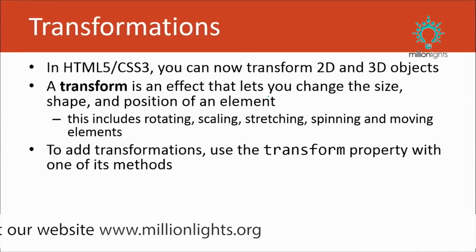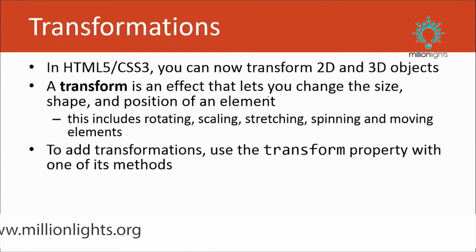So like any kind of animation or something along those lines that changes an object from its original shape or form. All right, without further ado, a transform, we'll start there, the basic definition. It's an effect that lets you change the size, shape, and position of an element. This includes rotating, scaling, stretching, spinning, and moving elements.